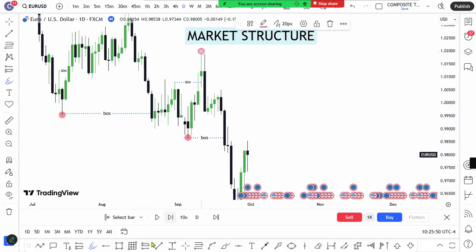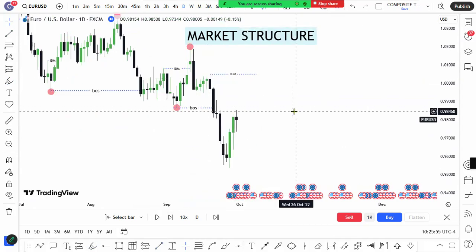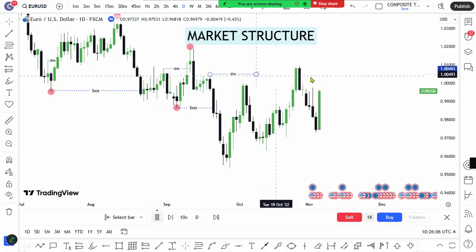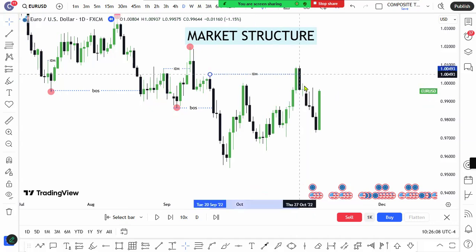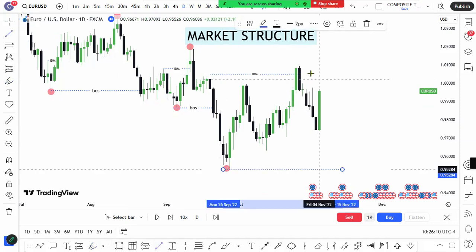And your new inducement according to this market structure is this one. We take out that particular pullback, then you look for a sell again.